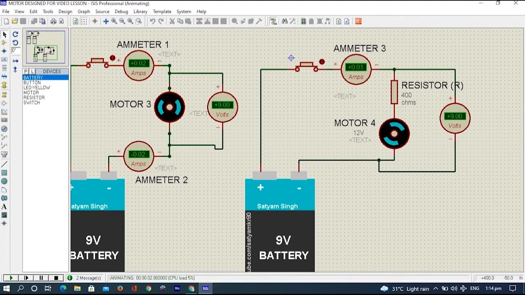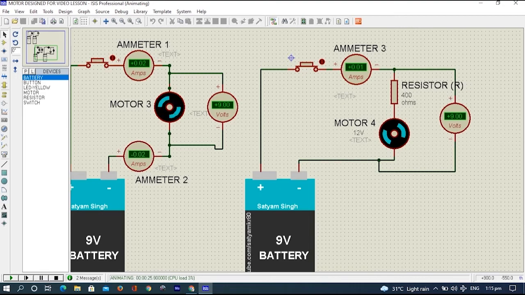And of course, it reduces even further to positive 0.01 amps, and our voltage slightly increases to 9 volts. Of course, the same as our source, it will not go further than 9 volts because our source is 9 volts. And the speed of our rotor continues to decrease compared to our circuit number 3.